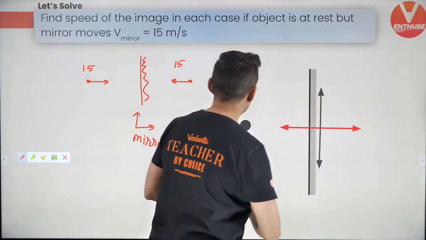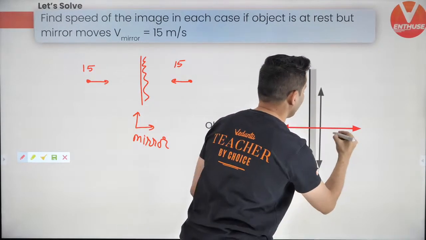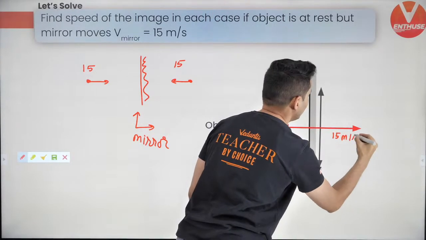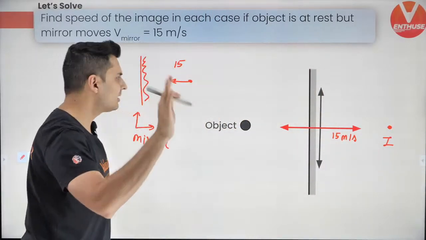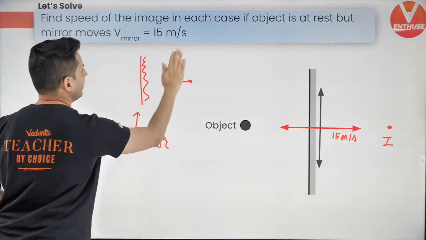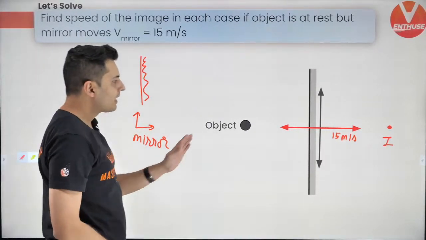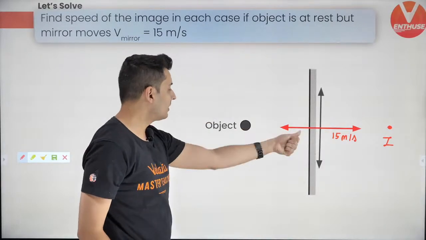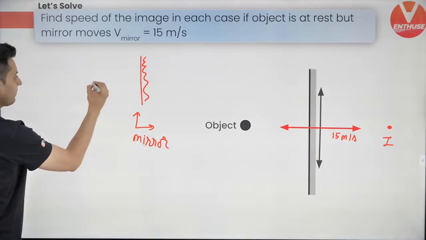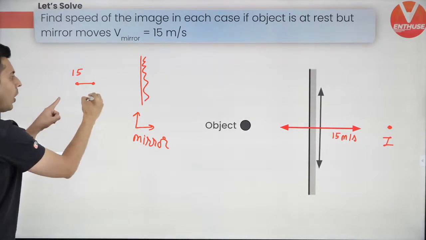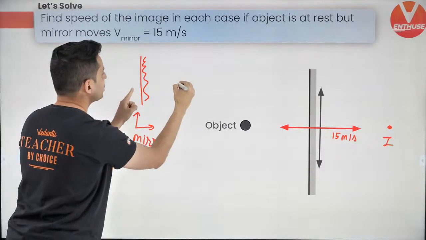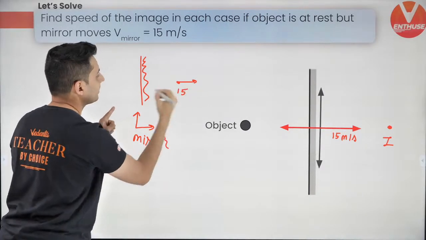Next, if the mirror moves away with the speed of 15 meters per second, then what will happen to the image? Again, do the same analysis, you will get the same answer. If the mirror moves away, for the mirror, the object will move left side with a speed of 15. If the object moves this way, the image should move this way with a speed of 15.